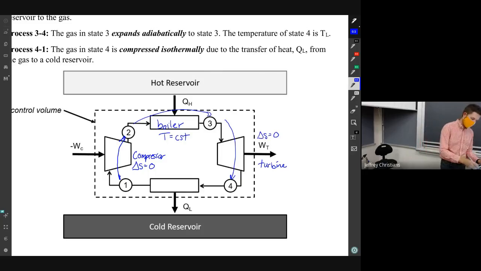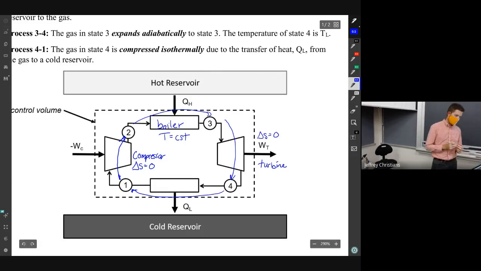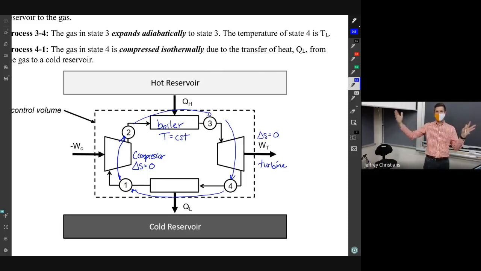The last step from 4 back to 1, the gas in state 4 is compressed isothermally. Again, the language is a little weird, due to the transfer of heat QL from the gas to a cold reservoir. So the fluid is losing heat to our cold reservoir, and it's being compressed.